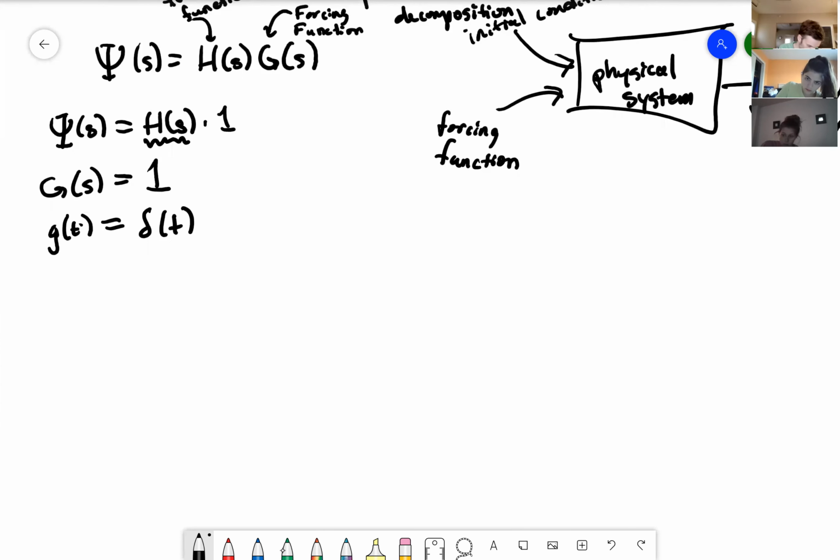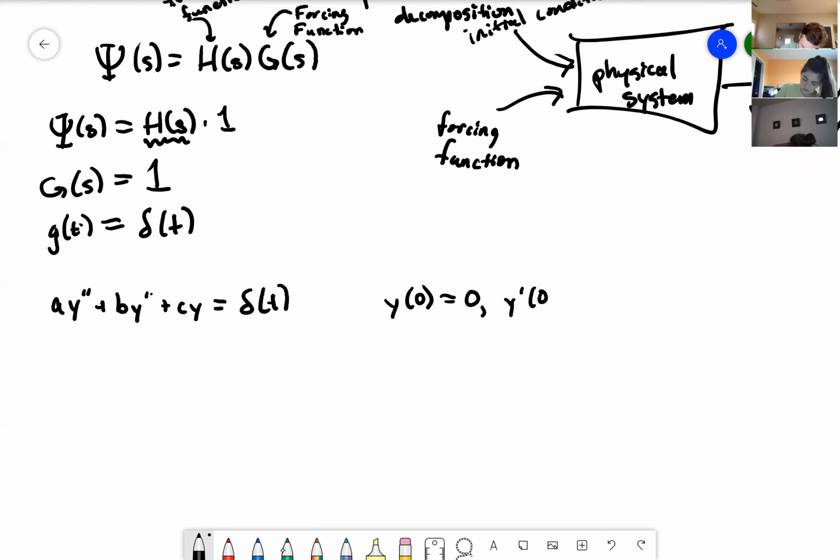So we can think of this as really trying to find the solution of the system a y double prime plus b y prime plus c y is equal to delta of t. And because we've separated away the initial conditions part, we're looking at neutral initial conditions and the purest forcing that we can apply to the system that causes it to do anything.